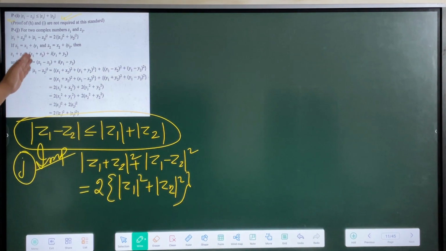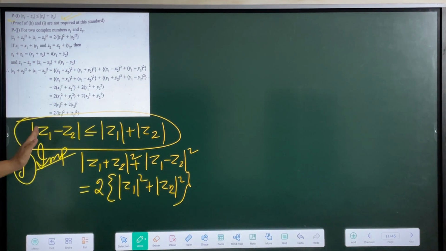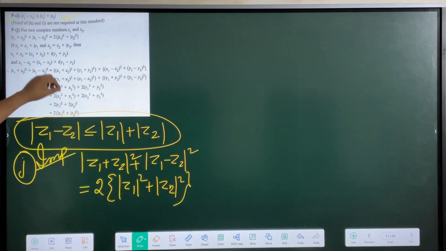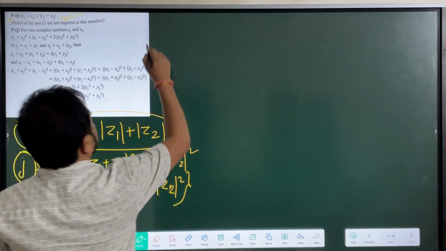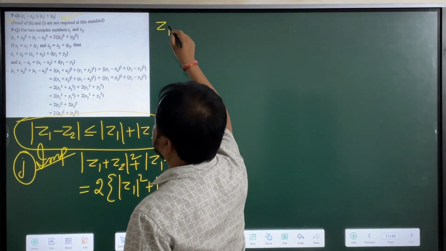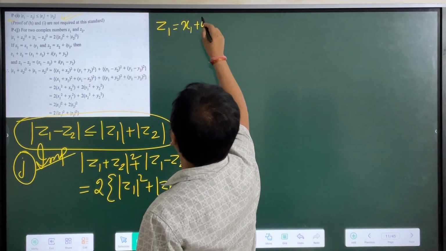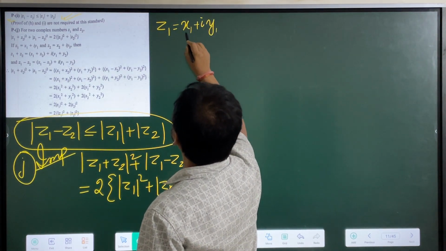Now here we have to take some complex numbers for Z1 and Z2. Let us take Z1 equal to x1 plus i y1, and Z2 equal to x2 plus i y2. So you don't have to worry about this.